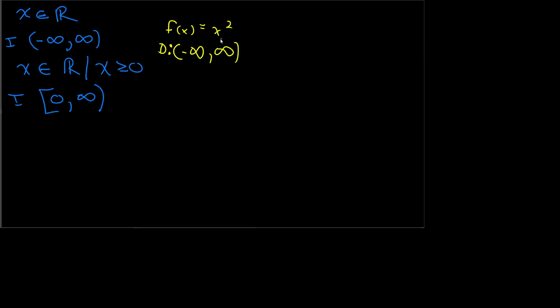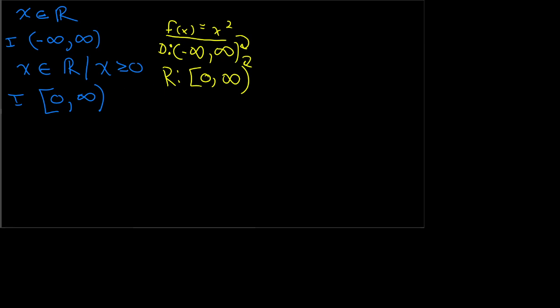So this thing never returns a negative number. And its range ends up being 0 to positive infinity. So this rule maps from all positive and negative numbers to only positive numbers and 0. And that's kind of the power of the function and its mapping.